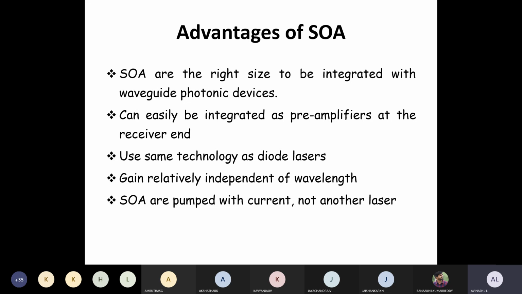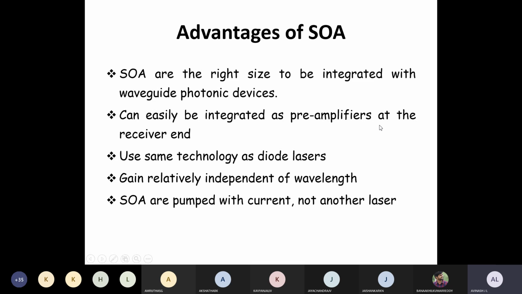That prepared laser light will be used for amplification. That means your circuitry is complex and your investment is very high. So when we use the semiconductor optical amplifier, it is not necessary to use a laser for amplification, because the semiconductor optical amplifier itself works like a laser. That is the best advantage we can have.